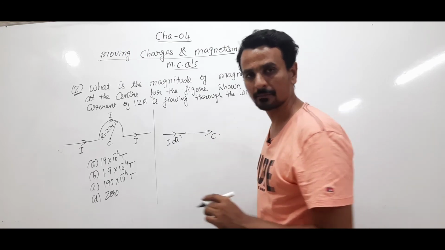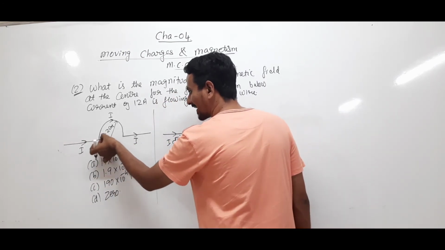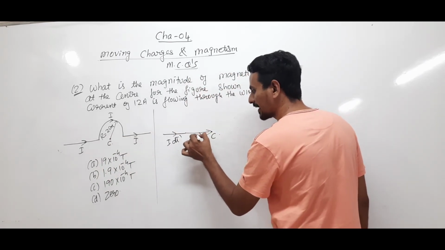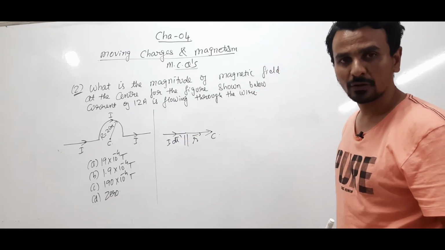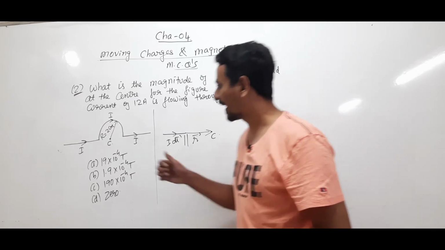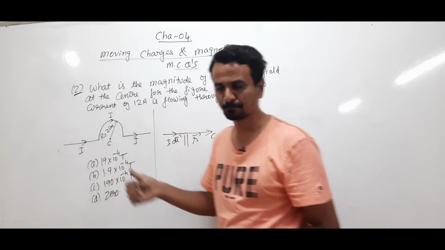This portion I dl, and we need to calculate magnetic field at the center. So r is also in the same direction, so I dl is parallel to r, so theta is 0, so the cross product of I dl and r will be 0. So magnetic field will not be produced because of this portion of the wire.